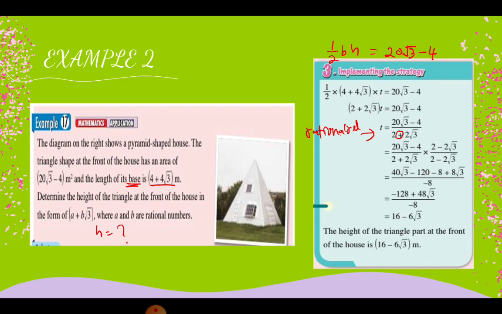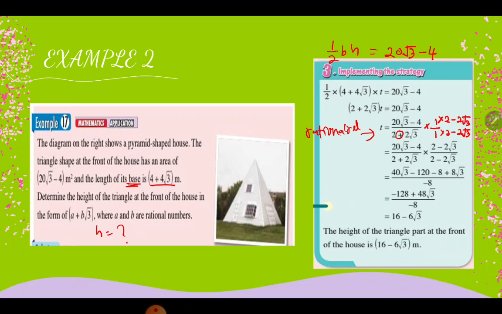Again, conjugate is the opposite sign, the opposite operation. So we need to multiply, this is 1 over 1, with the opposite sign there, the conjugate surd, which is minus.